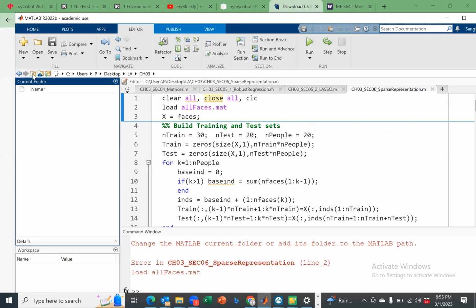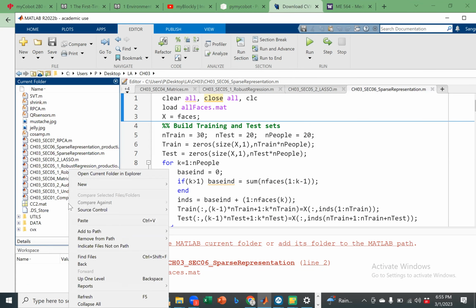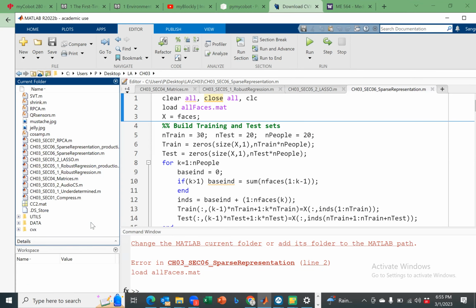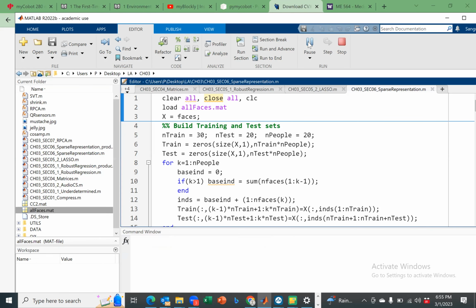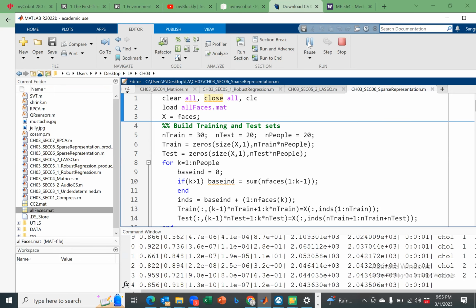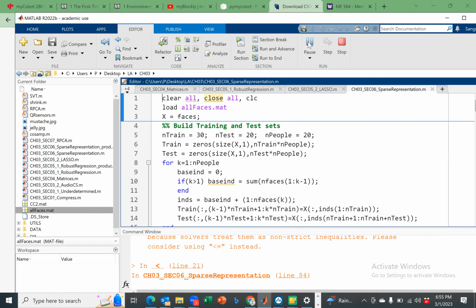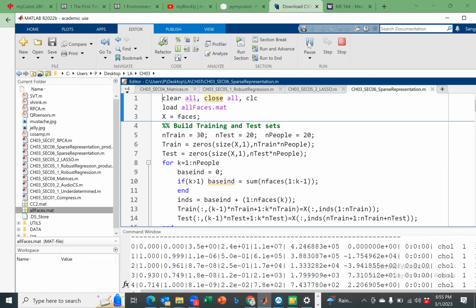And I would encourage you to run these codes and try to see. So now what you will have is we are running the same logic on the Yale data set.